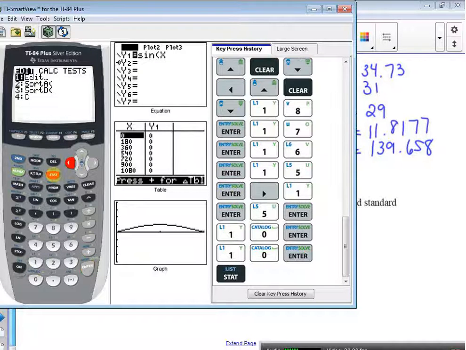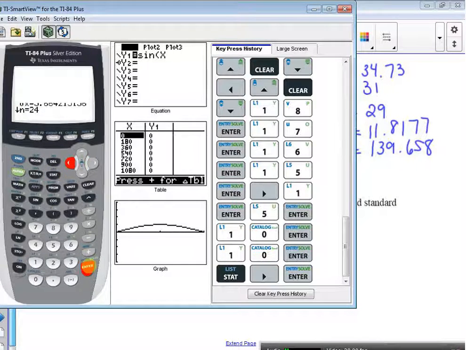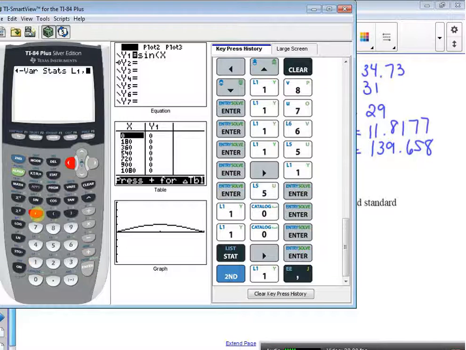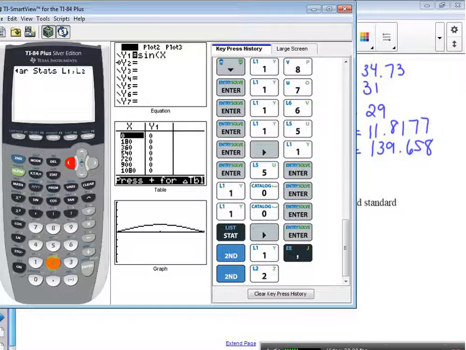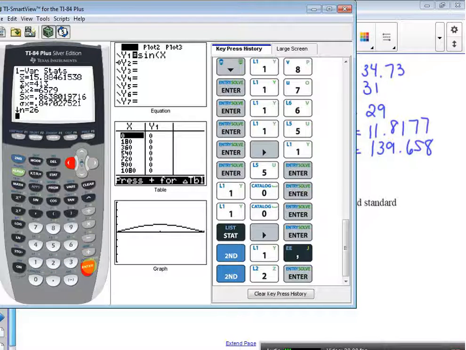Then Stat, Calc, 1-Var Stats. You have to tell it second L1, comma, second L2, enter. It says all the students in a history class, so I'd want the population, which was 0.847.